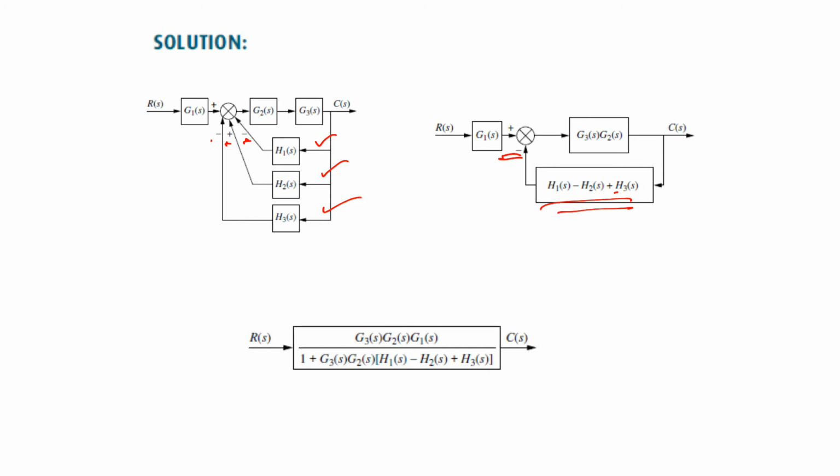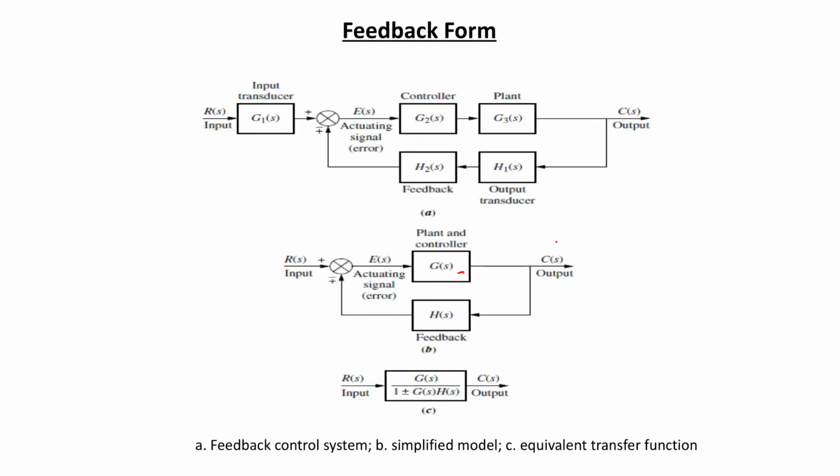So finally G2 into G3, and this total what we are getting is H1(s) minus H2(s) plus H3(s). Now this is a feedback form. So what we do, we calculate the transfer function of this feedback form. As you already know, the transfer function of this feedback form is given by G(s) divided by 1 plus G(s)H(s) if this is negative.